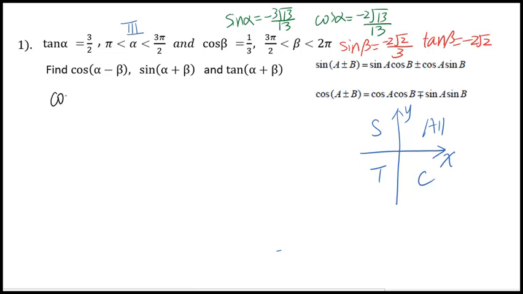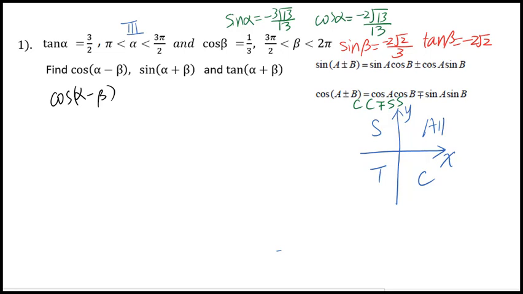Therefore, for cosine alpha minus beta, we will use this formula. For cosine A plus or minus B, we can do CC SS. Remember the sign will be opposite.